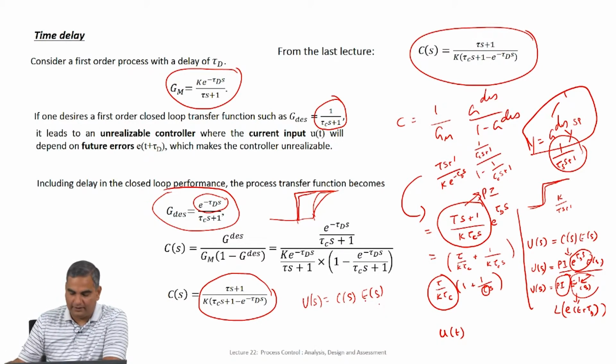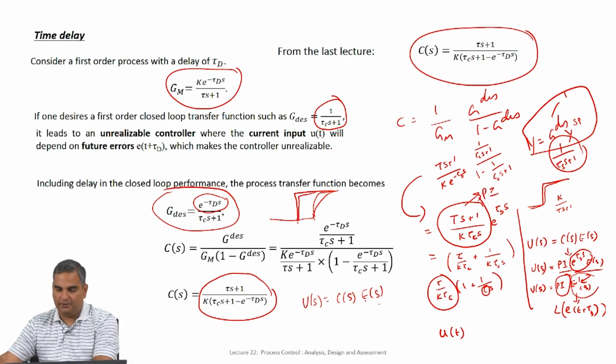Okay. So, at least the unrealizable problem we have gotten rid of. However, we have a new problem because we have a controller transfer function which is in a form that we have not looked at before, and we do not know how to handle this at this time. So, we have to figure out what are the ways in which I can handle this transfer function.